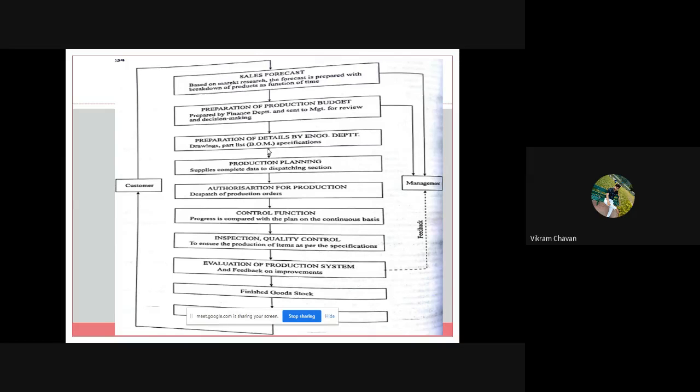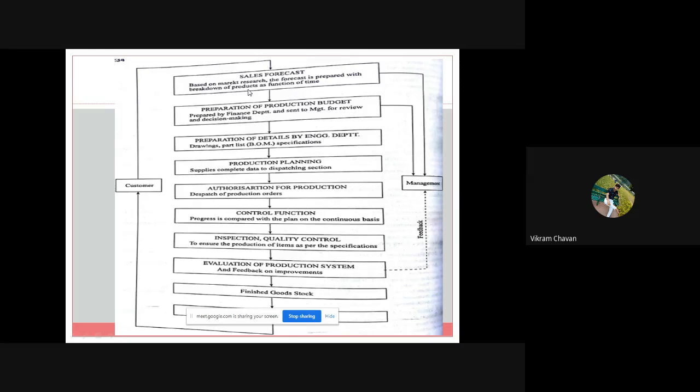Okay, so the engineering department is instructed to prepare the drawing and bill of material with the specification, and if there is any modification compared to the previous product. Sometimes, according to the market scenario or the sales forecasting, some changes will be suggested by the marketing department.